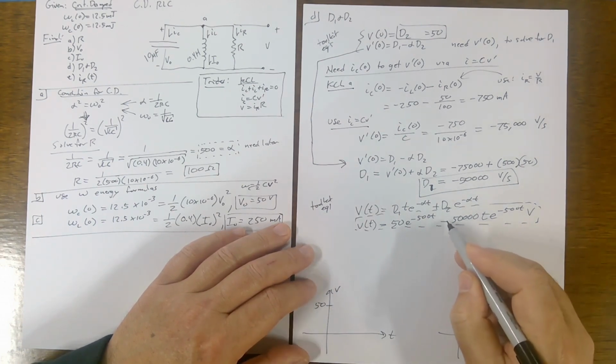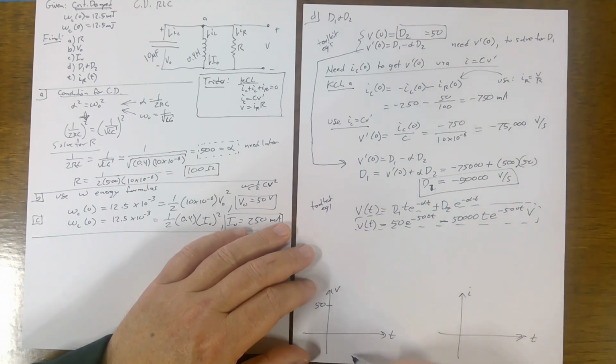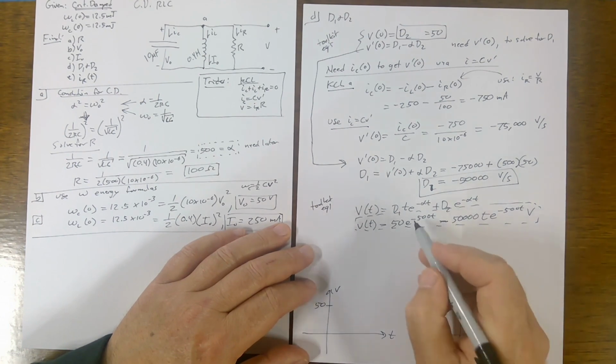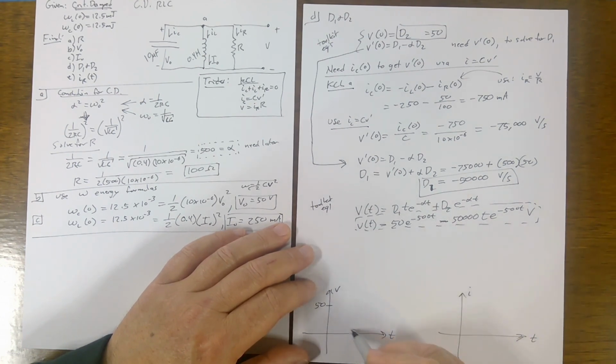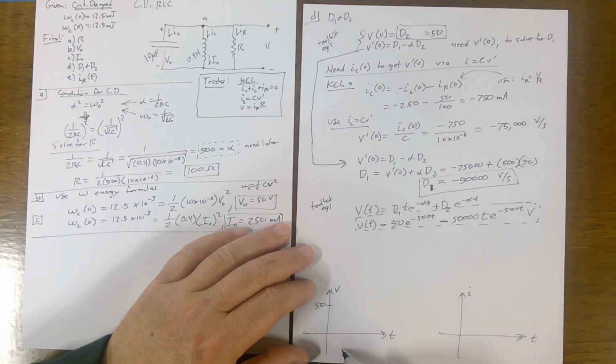Now minus 50,000 t is a line with a very steep slope, pulling it way down. The first term is just a decay. The second is a straight line pulling it down, but then the exponential part is going to start to pull it up. So it's going to dip some and then come to 0.